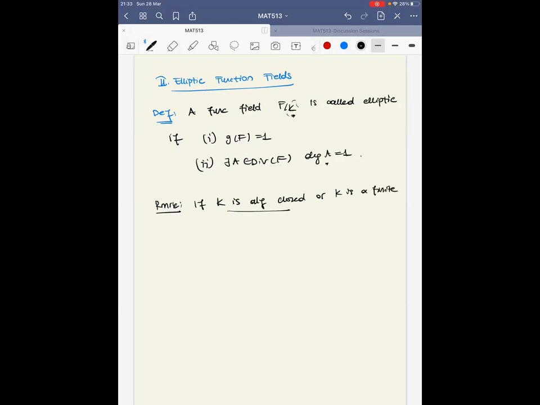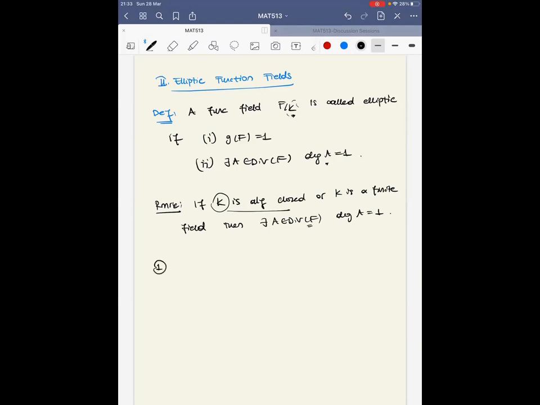For the moment, as a fact, we just suppose that for the finite field this is also the case. So when the constant field K is algebraically closed, or if it's a finite field, then we always suppose that there exists a degree 1 divisor in its divisor group.